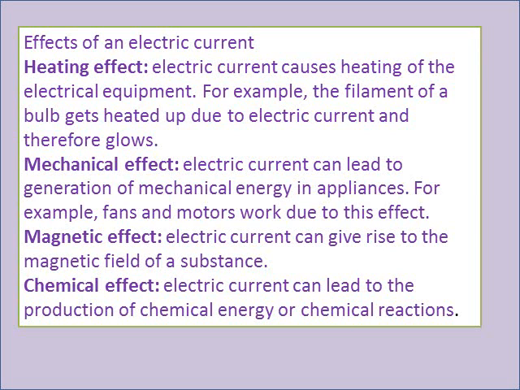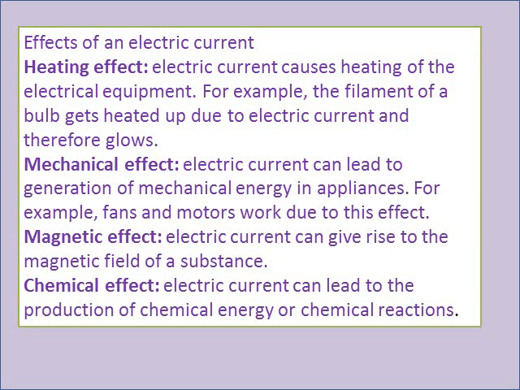For example, the filament of a bulb gets heated up due to electric current and therefore it glows. And you all know that the electric iron which you use to press your uniforms is working on the principle of conversion of electrical energy into heat energy.